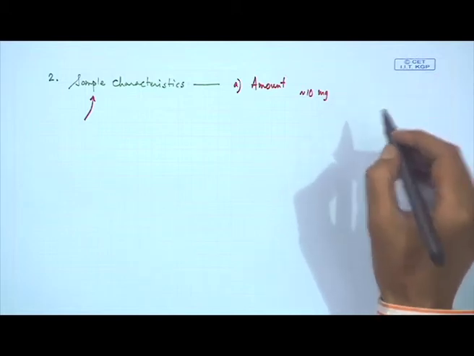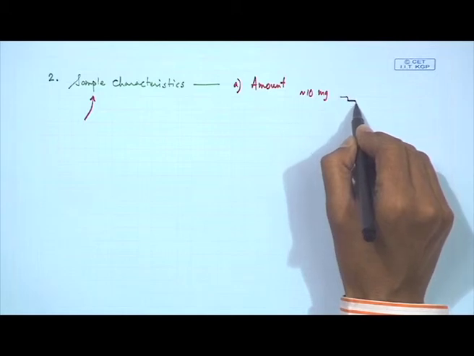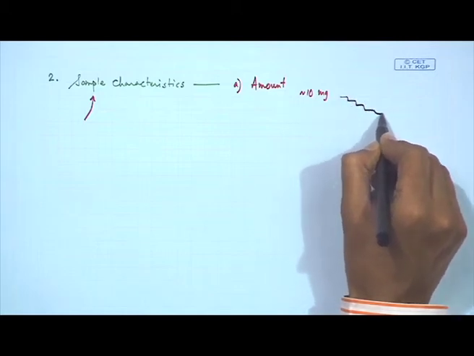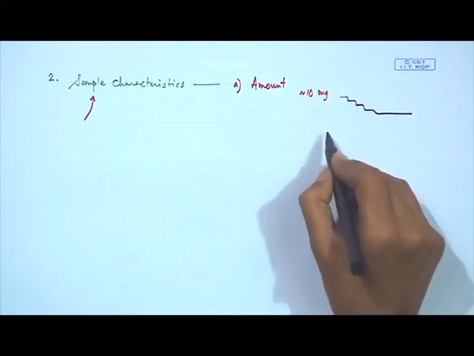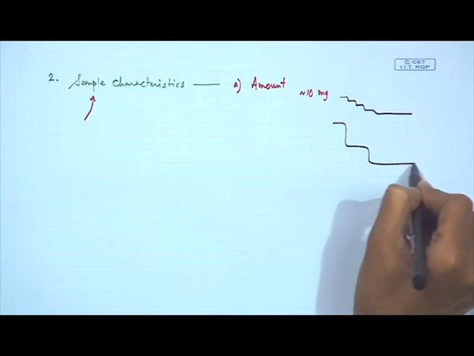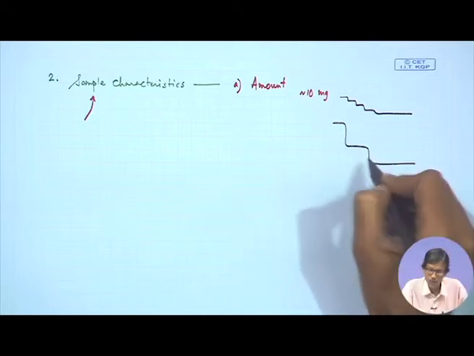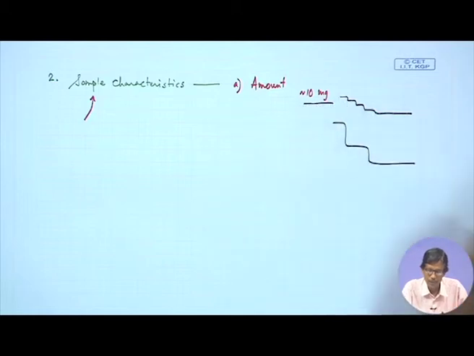So, if the amount of sample is less, these staircase type steps are very close by. So, what should we do if the plot is like this, that means your weight loss is more over here and your weight loss is less there, depending upon the amount of sample you have taken.